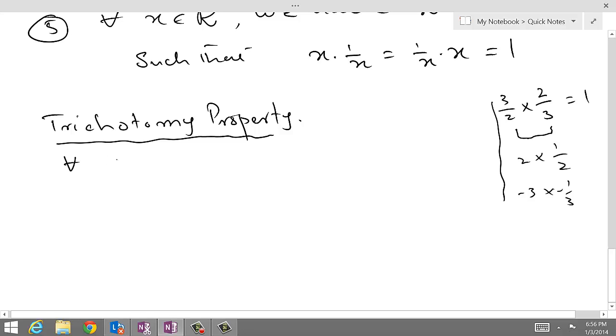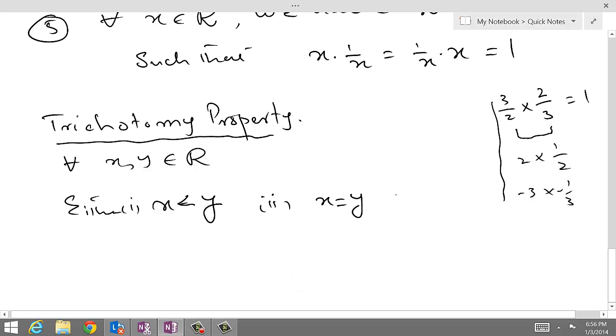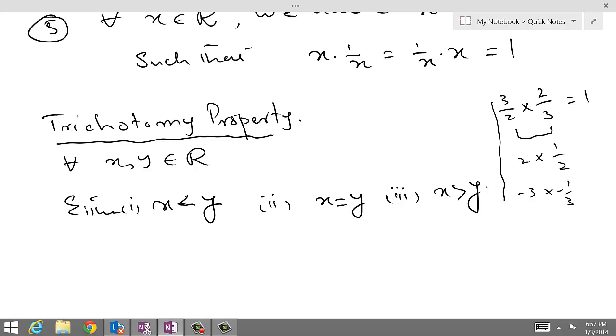For all x, y belonging to R, either x is less than y, or x is equal to y, or x is greater than y. So at one given time, any two real numbers can only have one relation.